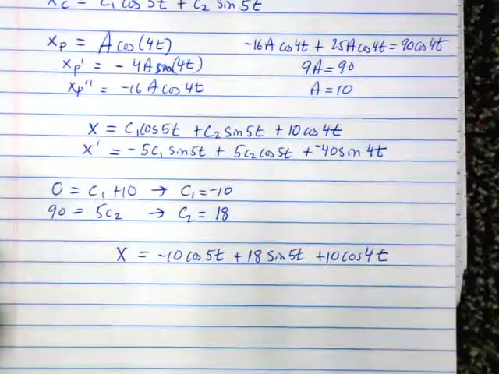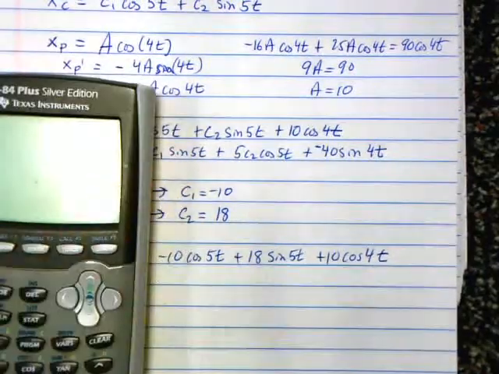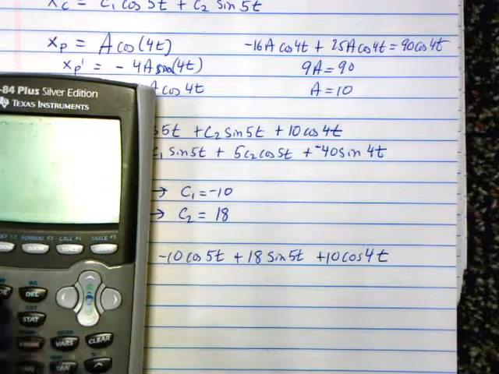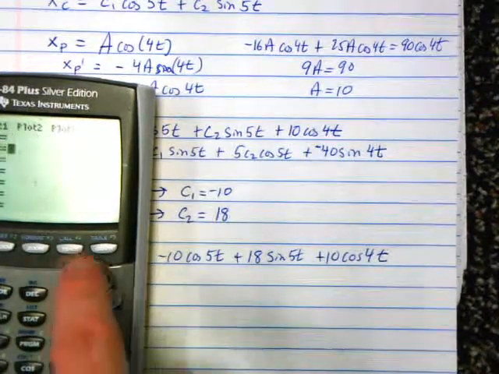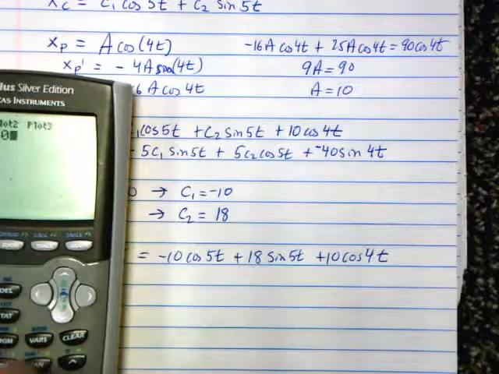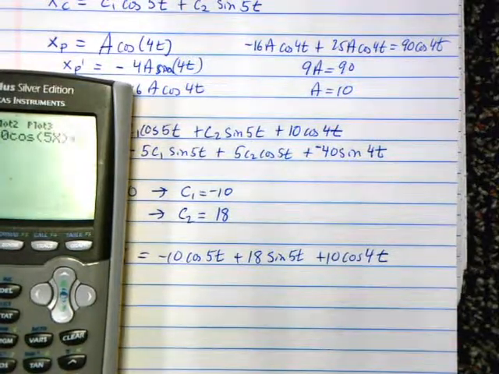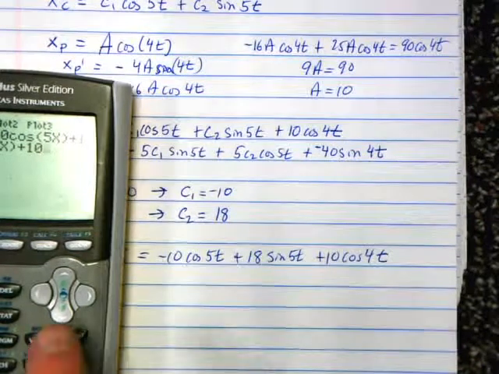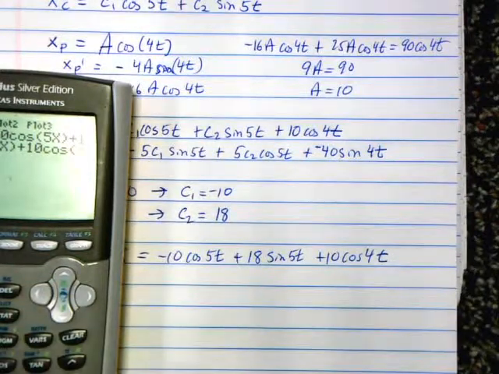No, they're not going to get any closer to each other. What I would do, I would go ahead and draw a graph. Negative 10 cosine 5x plus 18 sine 5x plus 10 cosine 4x.